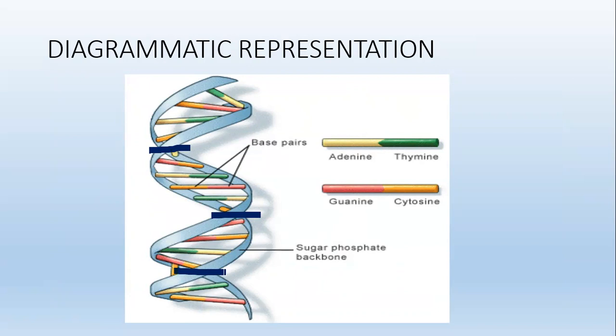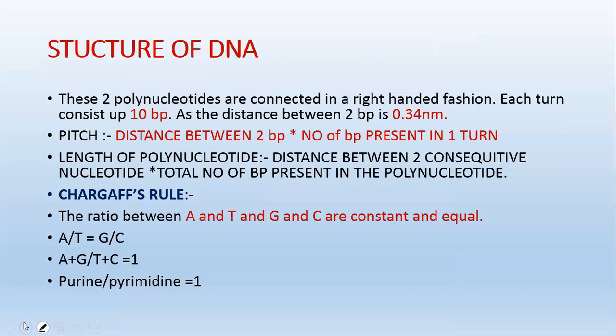So these are what we call base pairs. So this DNA is not straight, it is intertwined. There are some points where they are turned. So how many base pairs come in one turn? On that basis we can tell what the pitch is.